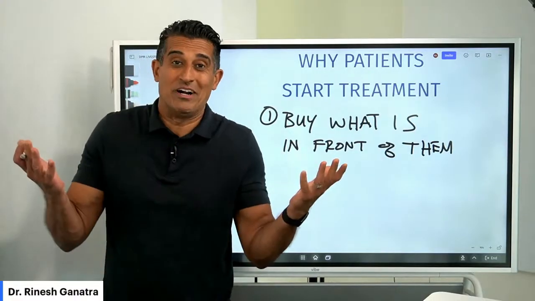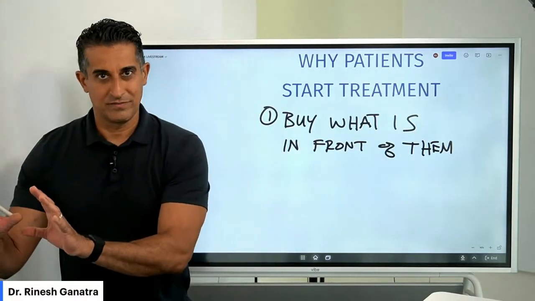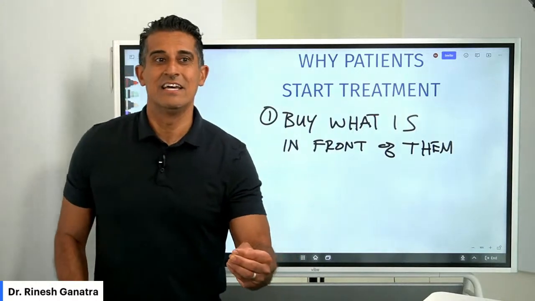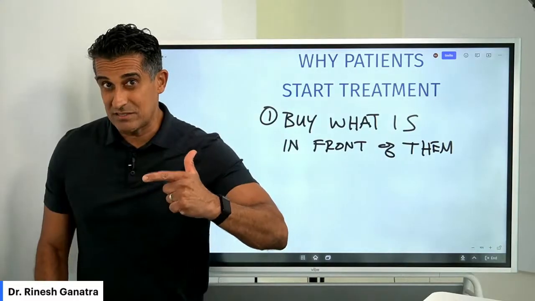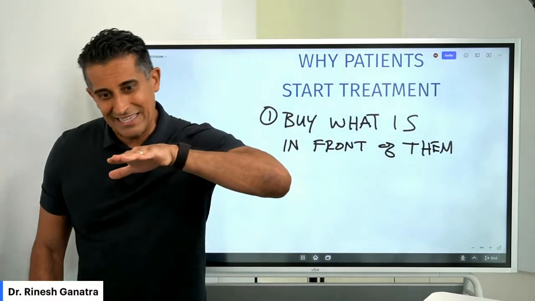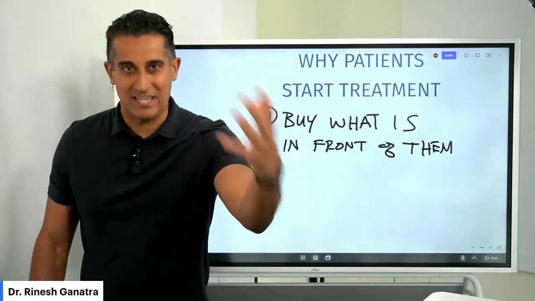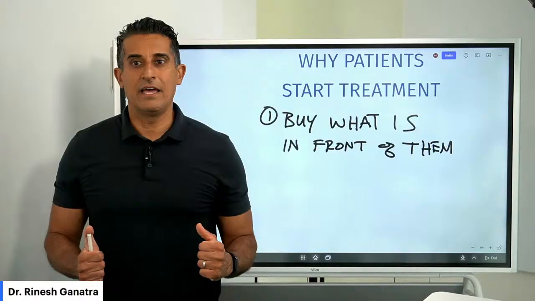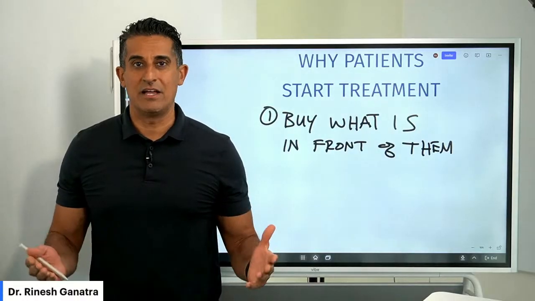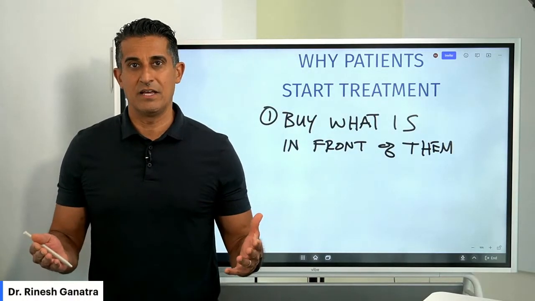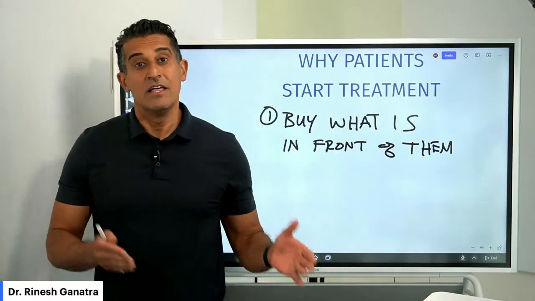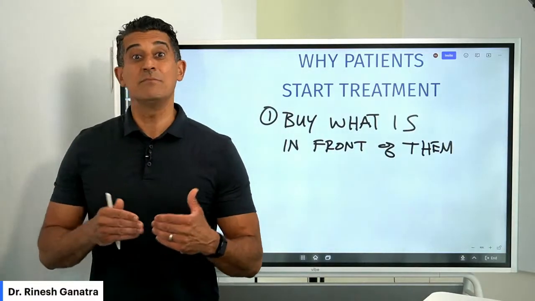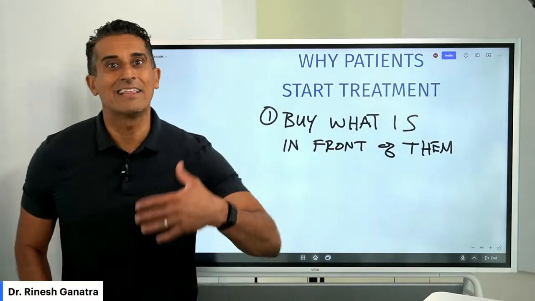Here's a better approach: send them valuable, relatable content that they can connect with, specifically related to their case. If someone needs clear aligners or Invisalign done, and they have overlapping 8 and 9, and they didn't get it done, a great idea would be to follow up with that patient, send them a text, and say, "Hey, John, I thought of you.